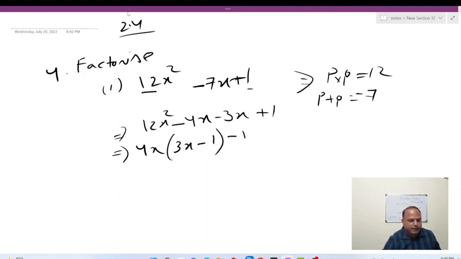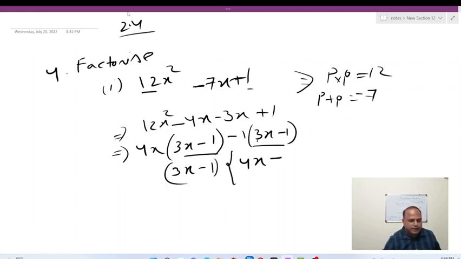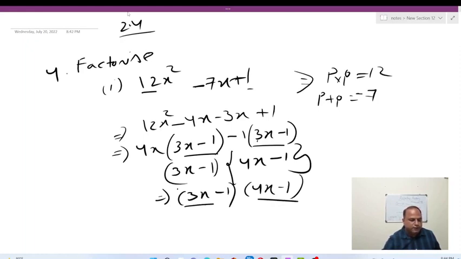And if you take minus 1 here, you get 3x minus 1. Why? Because this thing can be taken common. So 3x minus 1, when it's taken common, you get 4x minus 1. So the answer is equal to 3x minus 1 into 4x minus 1. So once you multiply, you will get this polynomial. Okay. Multiplying these two, you will get the first term. So this is solved. Now you solve the other three problems.